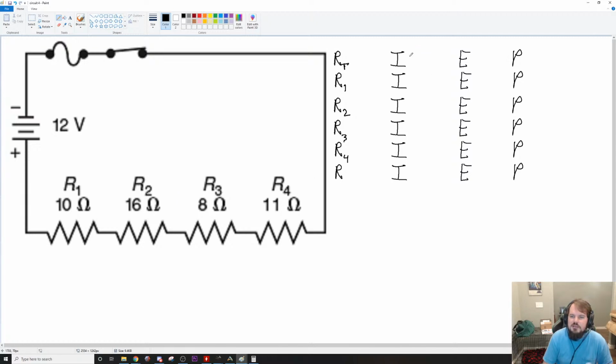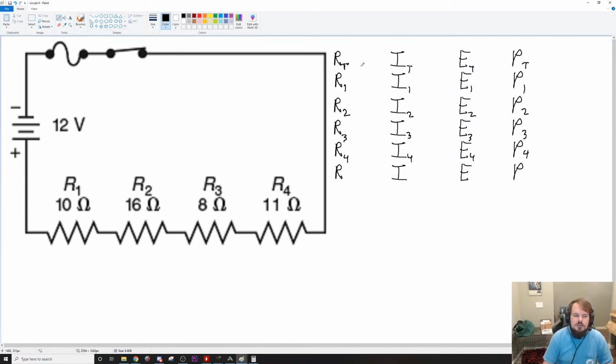Oh, I miscounted. 1, 2, 3, and 4. Total 1, 2, 3, and 4.